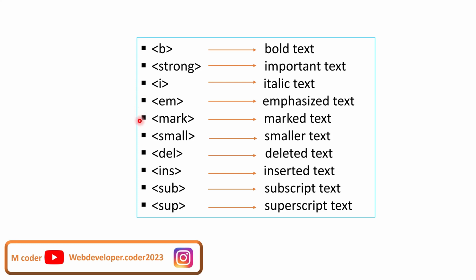The mark element highlights the word. The small element reduces the font size of the text. The del element draws a line through the middle of the word. The ins element underlines the word. And the sub element produces a subscript, and the sup element produces a superscript.